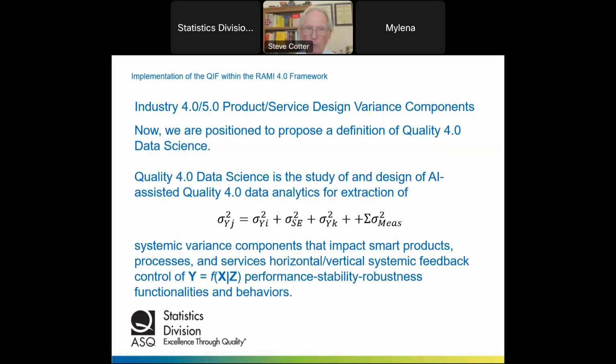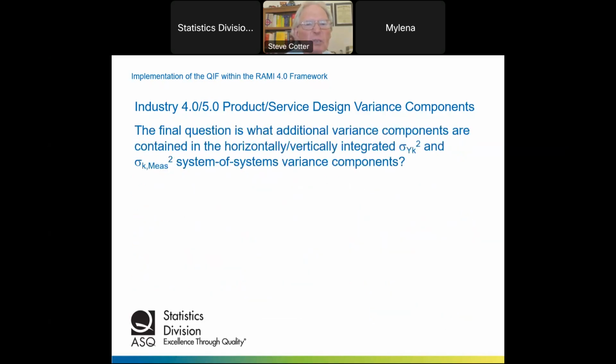So for quality 4.0 data science, we're now in a position to define my definition of quality 4.0 data science, and that is the study of and design of AI-assisted quality 4.0 data analytics for the extraction of sigma square YJ, sigma square YI, the industry 3.0 design, sigma square SE. What was sigma square SE?